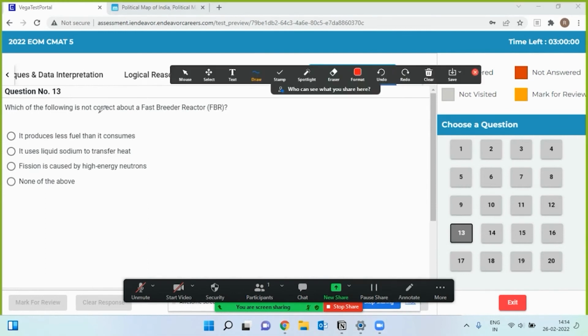Question number 13 is about which of the following is incorrect about fast breeder reactor. Now this is a slightly technical question. Fast breeder reactor means here we are talking about nuclear reactors. Correct? And nuclear reactors are of different types. Here we are talking about the nuclear reactors which are fast and which are breeder.